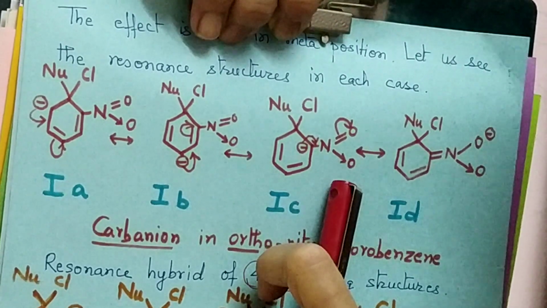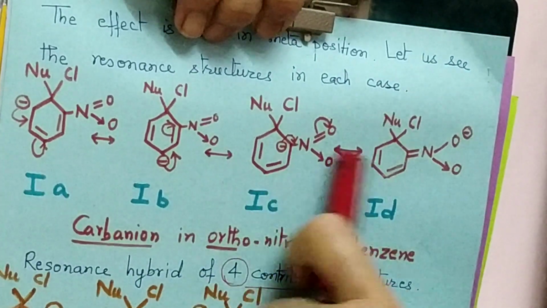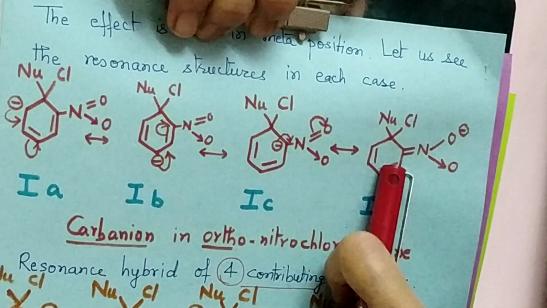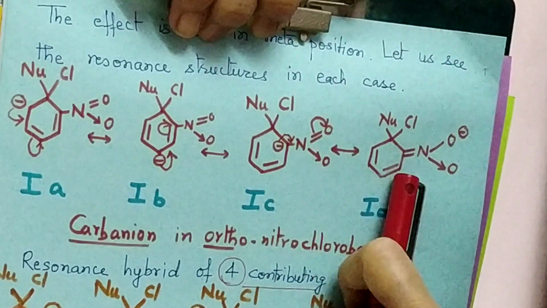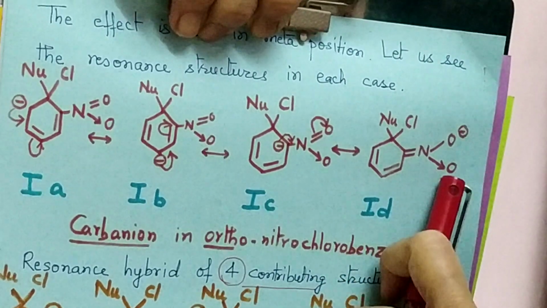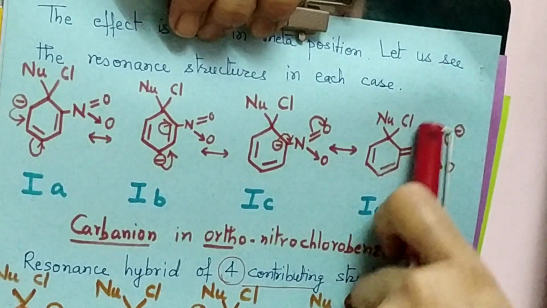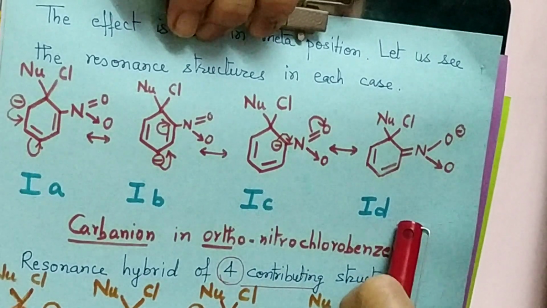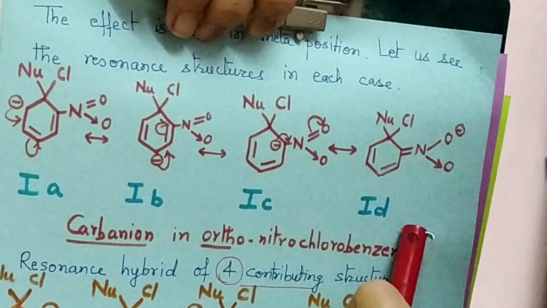What difference will it make? As you know, the nitro group withdraws electrons, therefore it will accommodate this negative charge onto itself in this manner, giving rise to an additional resonating form.